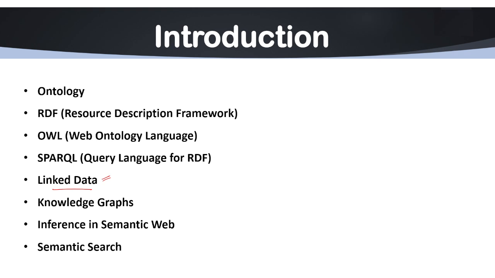Another is knowledge graph. A knowledge graph stores information in the form of nodes. Nodes are called the concepts, and edges are called relationships. Google Knowledge Graph is a famous example. Instead of just showing links, it shows some facts and also some connections. Knowledge graphs are widely used in AI, search engines, and chatbots.